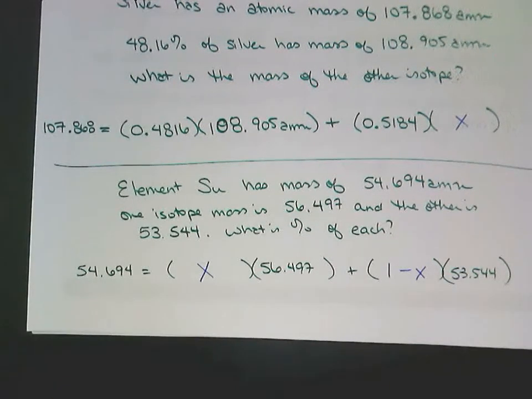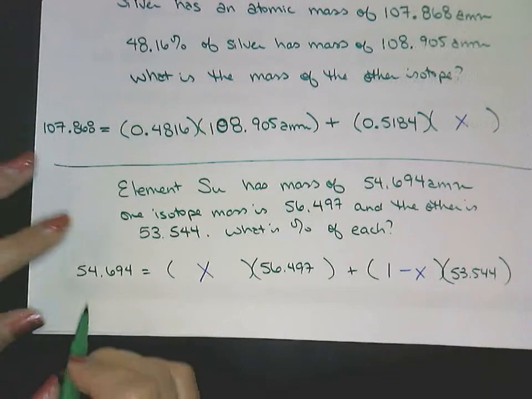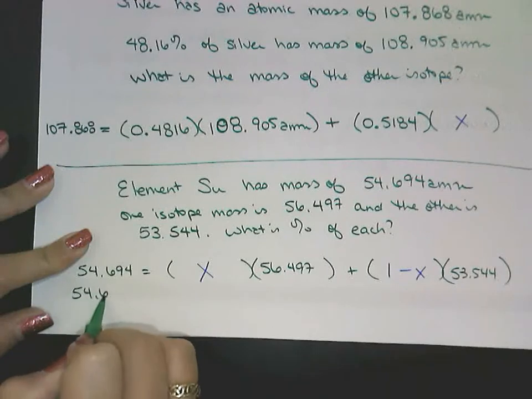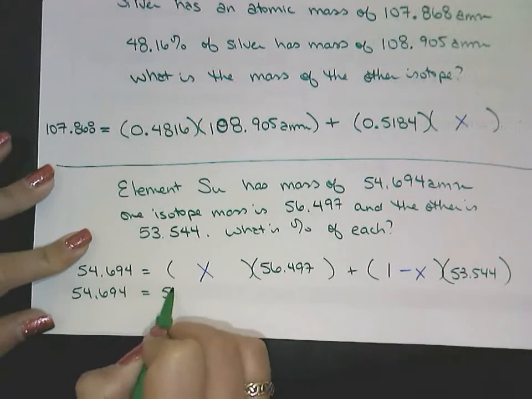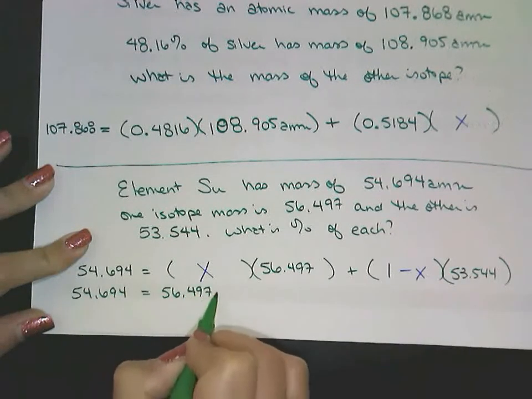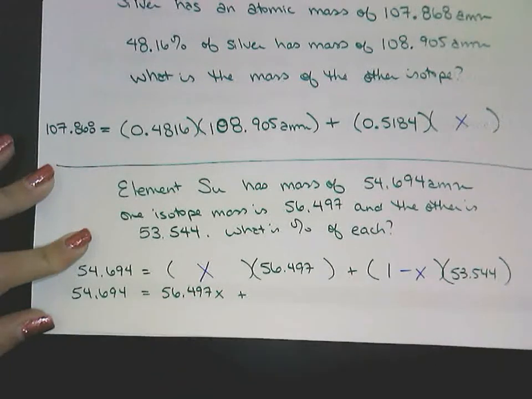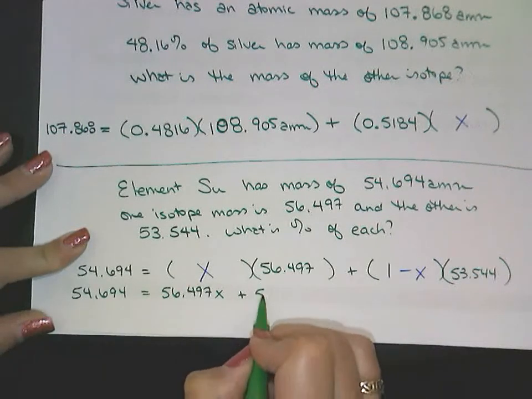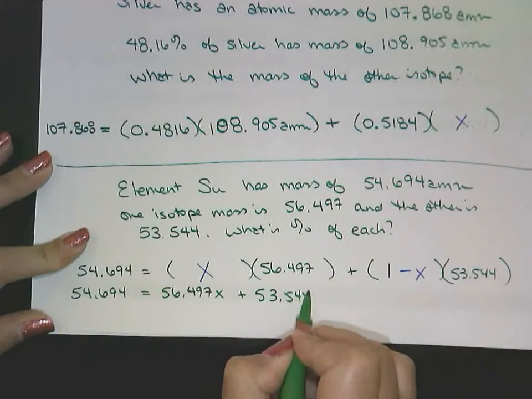So now you're going to want to do some simplification and some algebra. Right, you're going to want to multiply this out. So you'll have 53.44 and minus X times that.